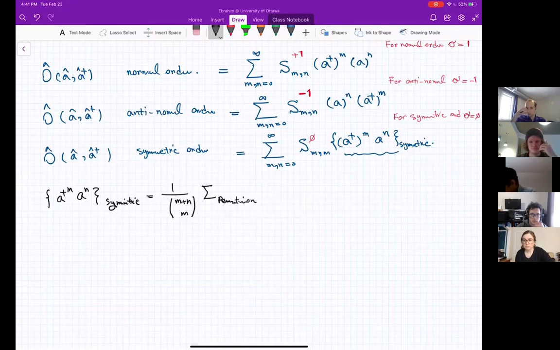Permutation of A dagger power of M and A power of N. And I know that it is bounded between M and N, so just be careful with the summations. Good.